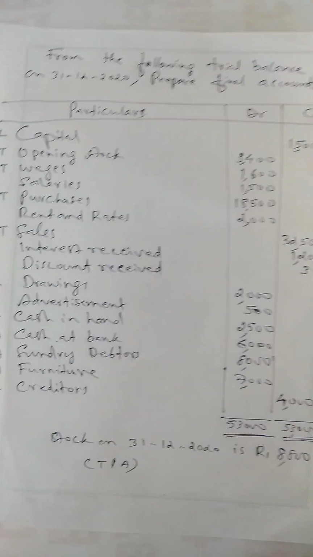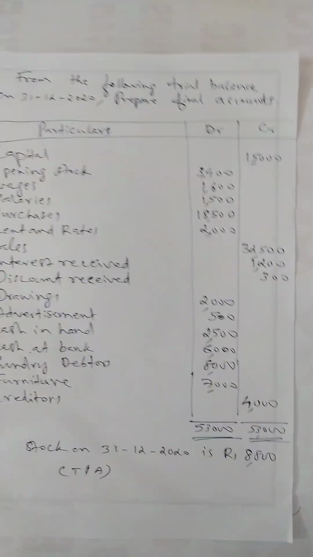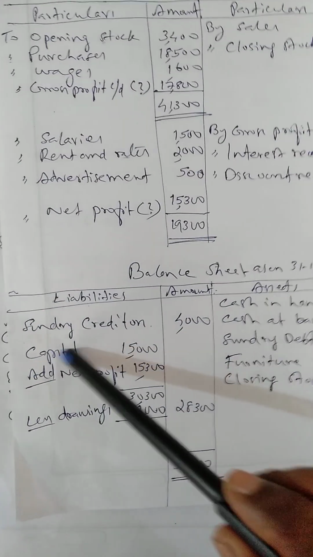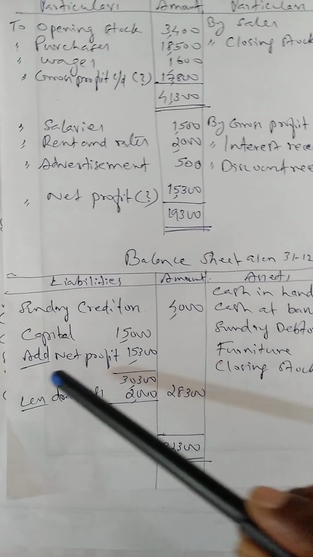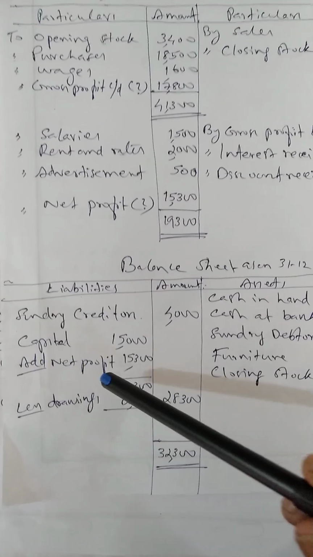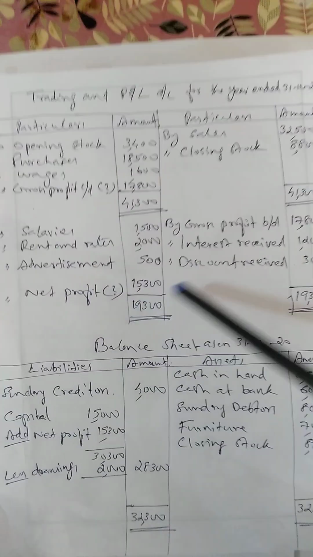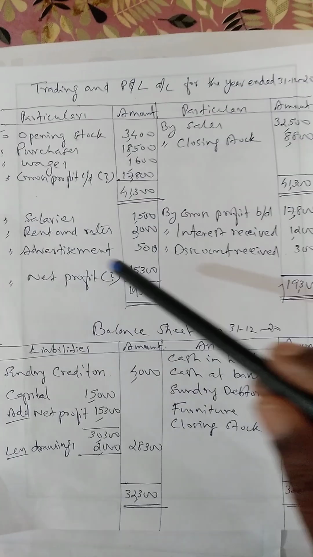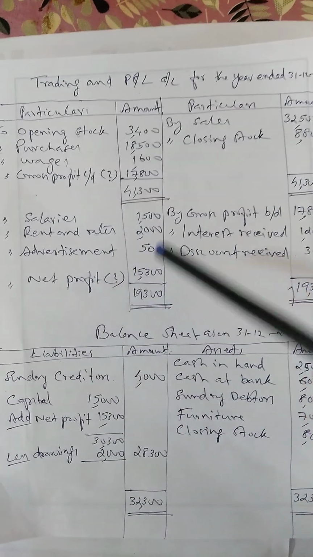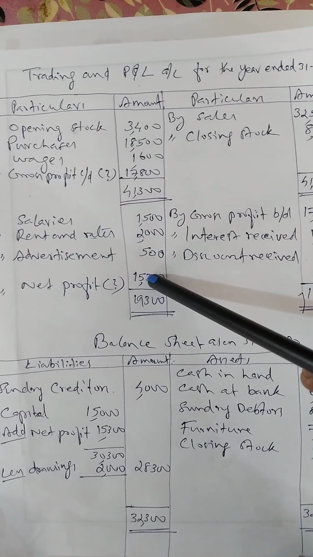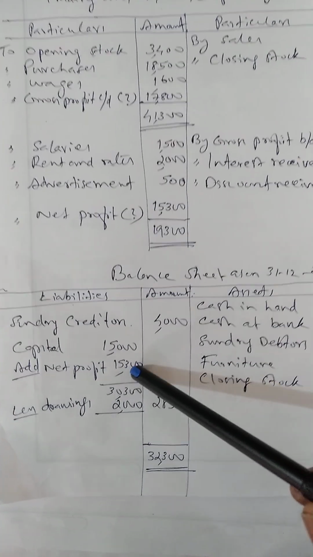Remember this. So we are considering the capital first, 15,000. Then we have to add net profit, isn't it? From where we get this net profit? It is from the profit and loss account balance. We prepared the profit and loss account and we got the net profit here. We have to consider the net profit in the balance sheet.